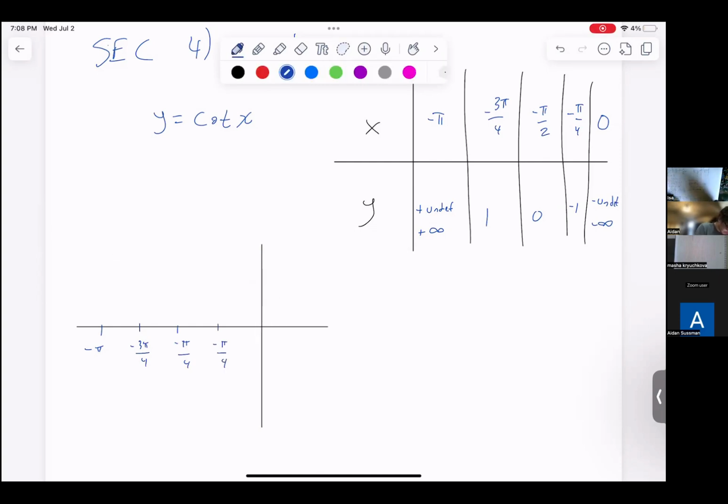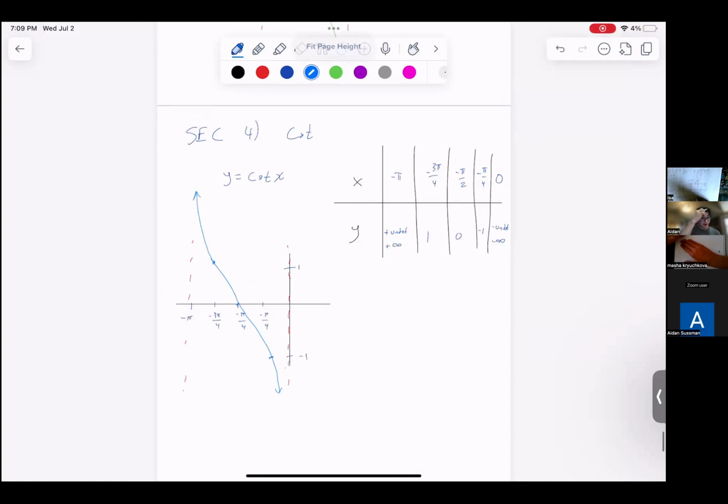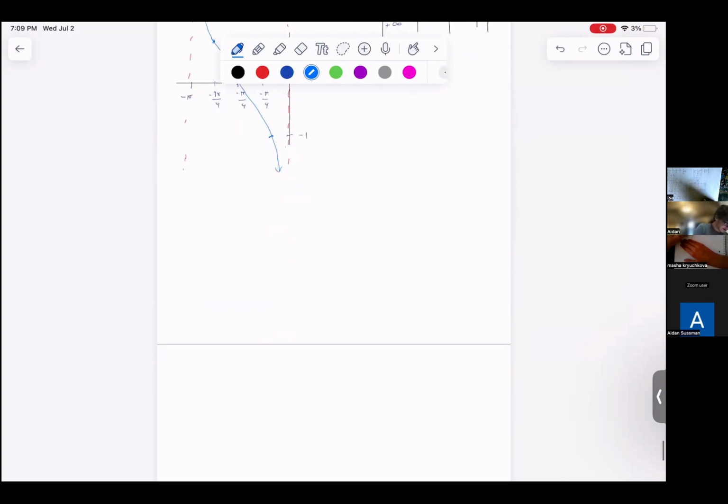And we're going to graph our asymptotes like we would on our tangent graph. And we're going to label positive and negative 1. Here's positive 1, here's negative 1, here's 0. And it's the exact same shape as tangent. That's it. Let's do one example for cotangent, okay? And then we can stop for today.